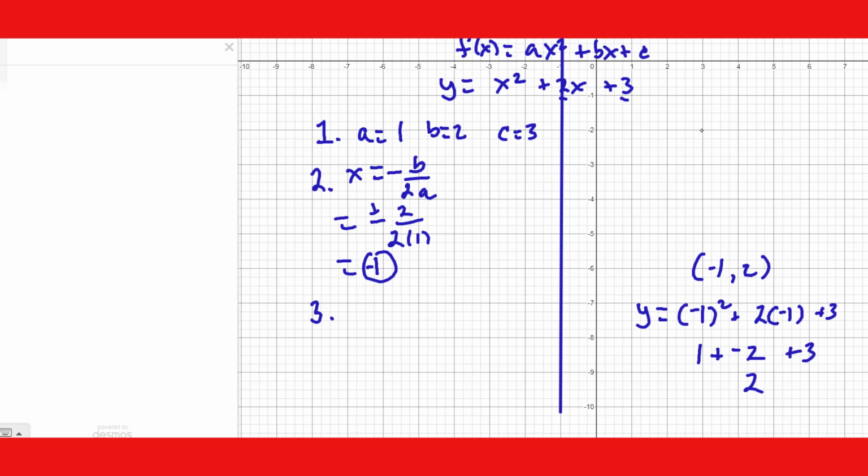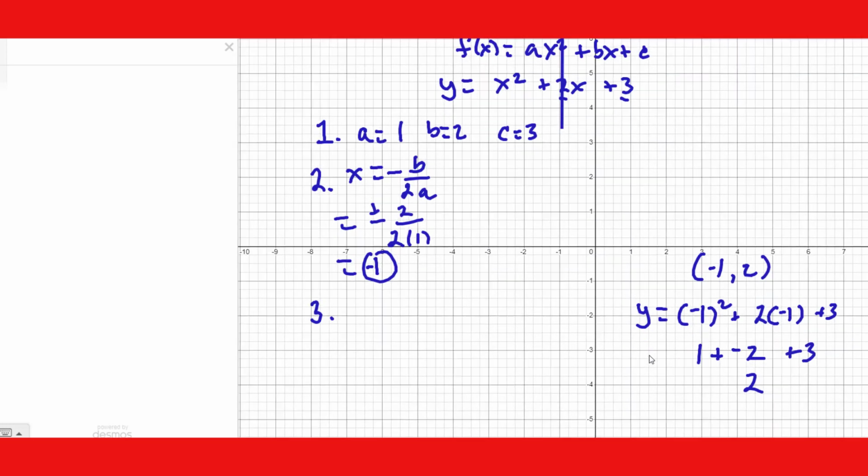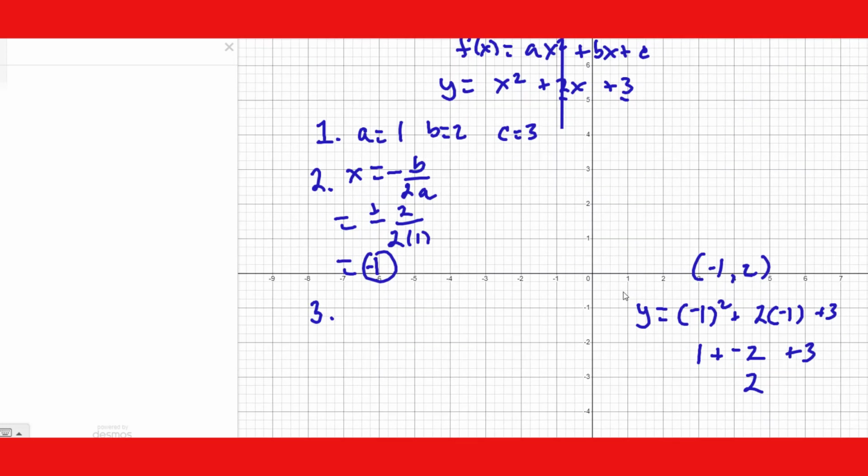So I'm going to go up here, and we're going to bring down our value here. So this vertex actually is going to sit here at negative 1, positive 2. So negative 1, positive 2. Let's go up just a little bit and get that done.